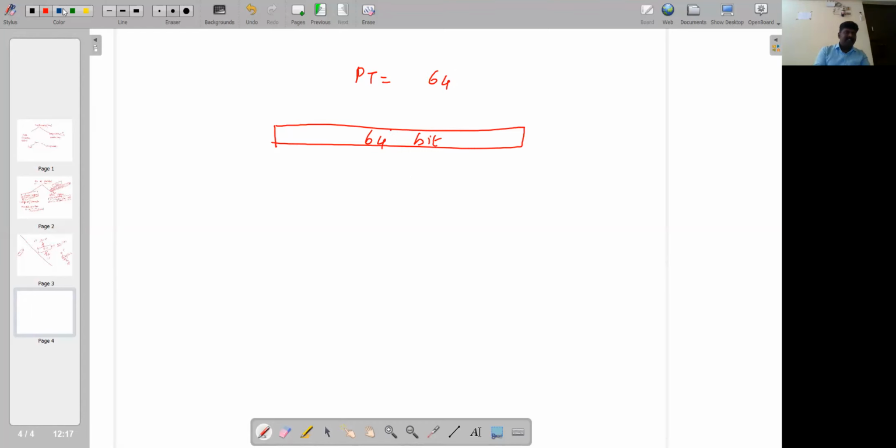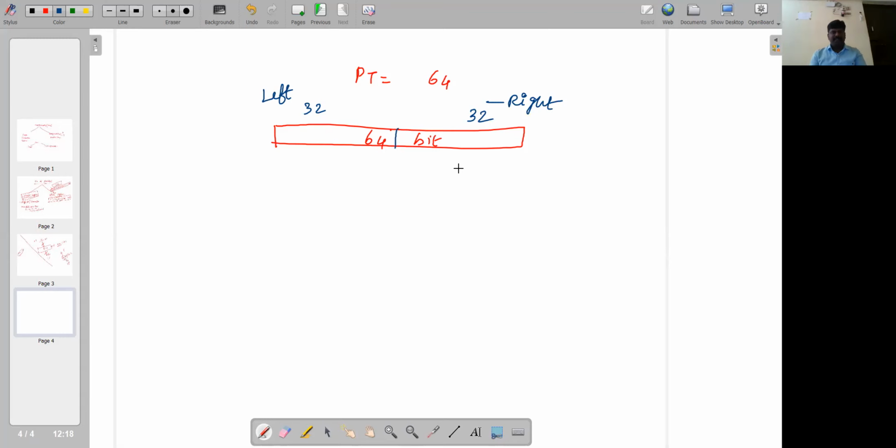If I divide this into two halves, I'll get left 32 and right 32. So this will be considered as the left half, and this will be considered as the right half.